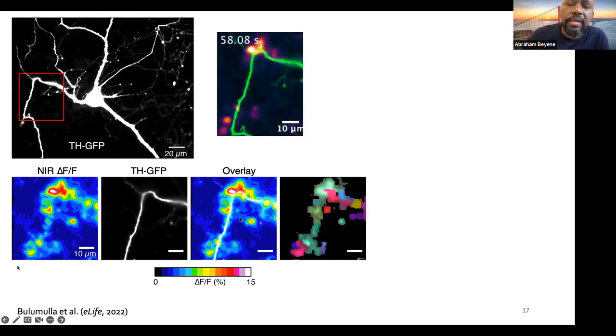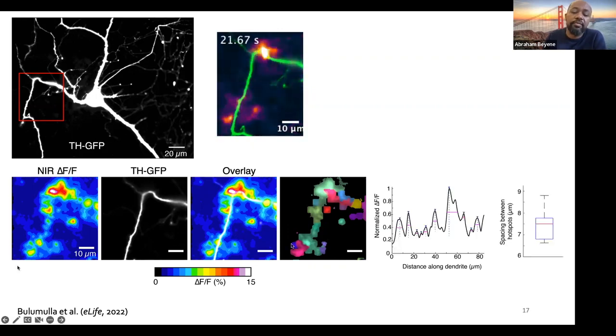We can examine this spatial and temporal kinetics from dendrites in a way that has really never been done before, where we can cluster specific pixels based on their correlated activity, and then assign them as putative release sites from a specific dendrite.